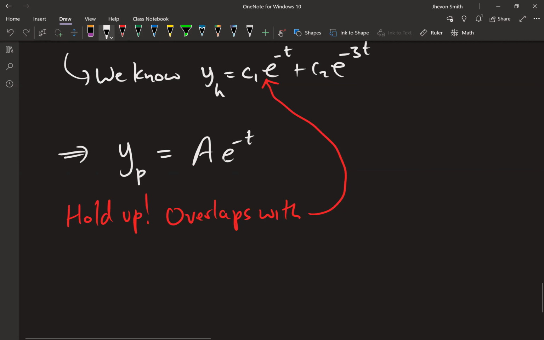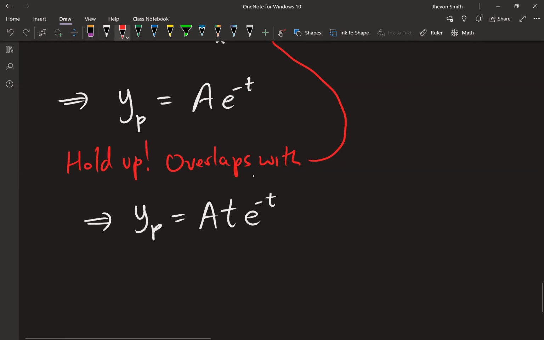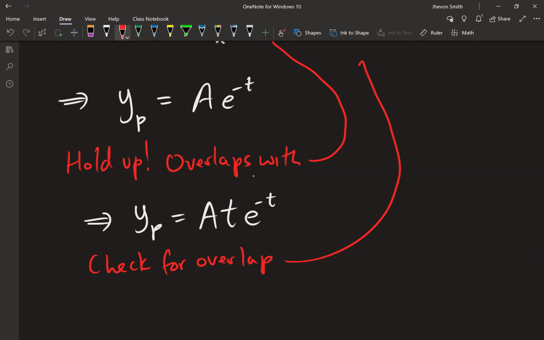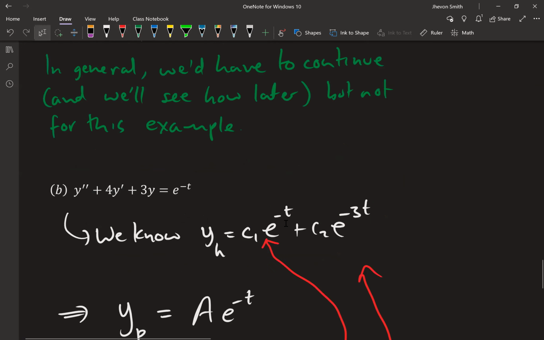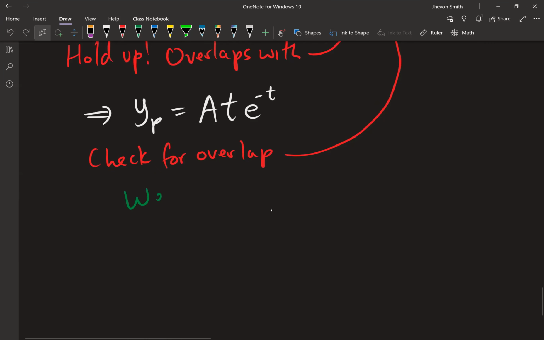So this means I would multiply by a t. And then again, check for overlap in the above. So I go back, does anyone look like a t e to the minus t? Nope. So at this point, you're like, we good. And that's going to be the guess.